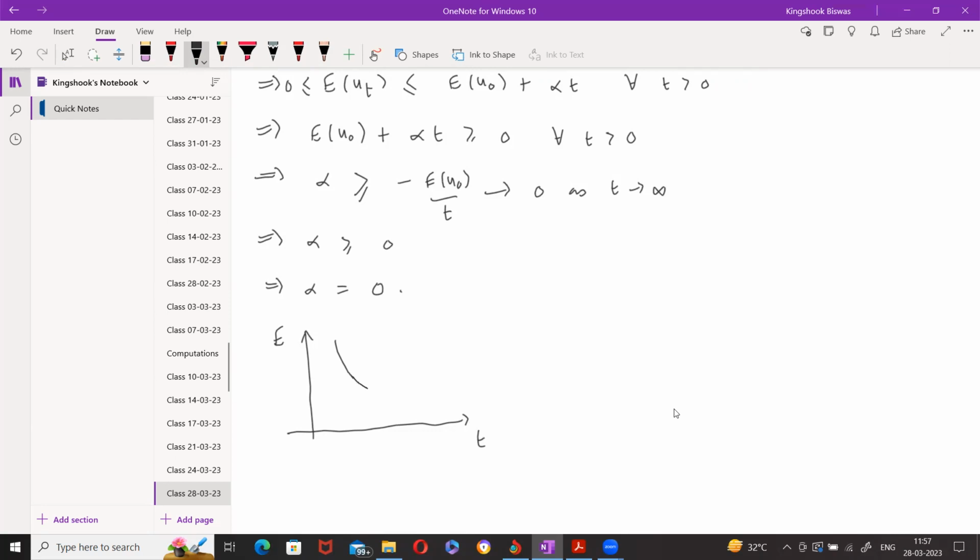So the first derivative is less than or equal to 0, increasing. So it has to converge to some value, right? Now, if that value was some negative number, alpha, strictly negative, then what would happen?